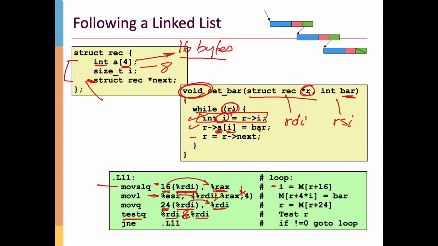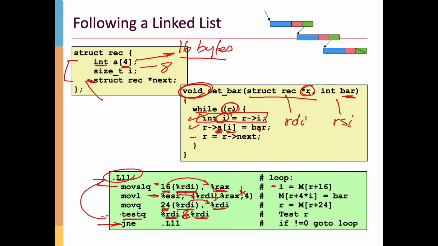So in particular, and we can tell this by looking at the jump not equal instruction at the end here, we're trying to check to see if RDI is 0. We'll set the condition code flags based on this testq operation. If it's not 0, that means that we're not at the end of our linked list yet. So the jump not equal back up here to L11 is the iterator.